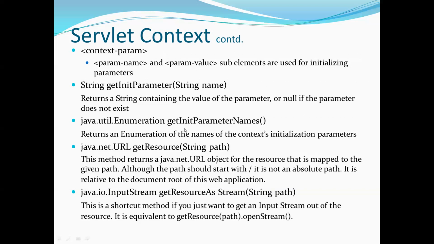Or you can get the enumeration by using getInitParameterNames, getResource. This method returns a java.net.URL. So you can use these methods to get the value. So let me show you one example of how to get the parameters. Come to the coding.